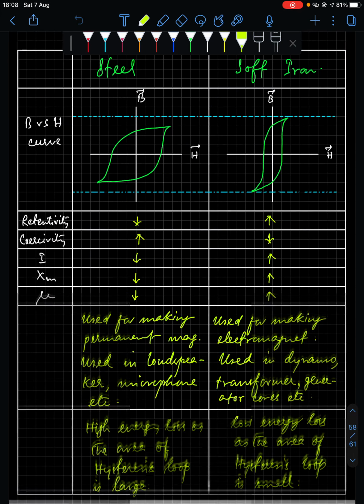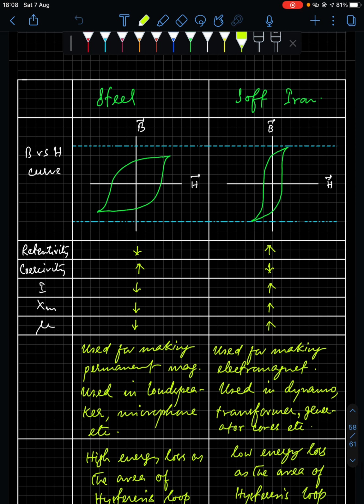Next question. Electromagnets are made up of soft iron. Why? Because soft iron has low retentivity, low coercivity, option number D. Now in the theory, if you have gone through, I mentioned a table showing a comparison between steel and soft iron, right? There in the retentivity section of soft iron I showed that the retentivity is high.